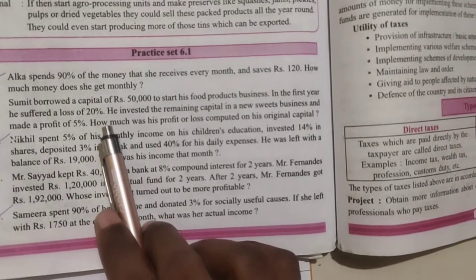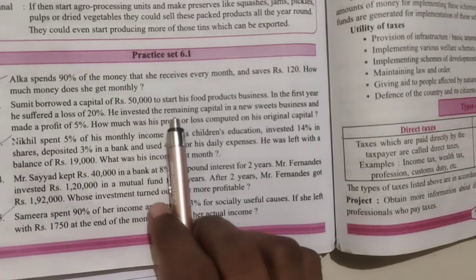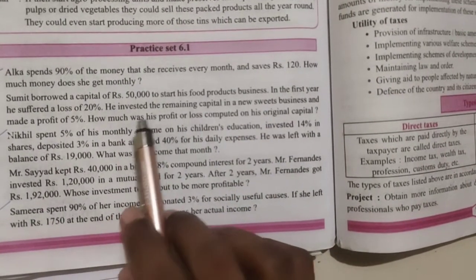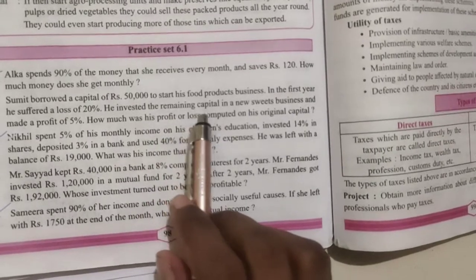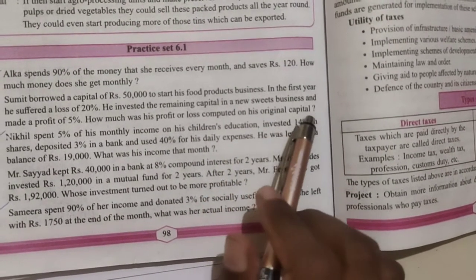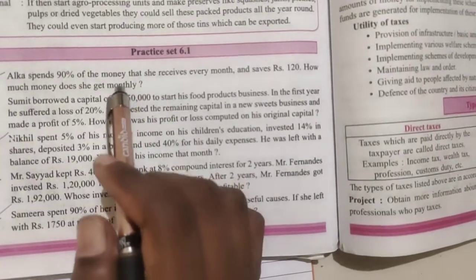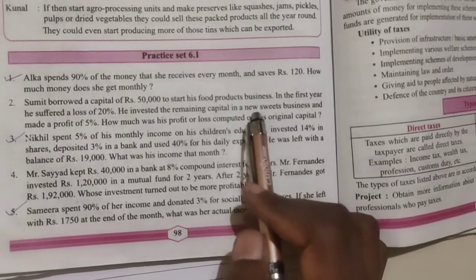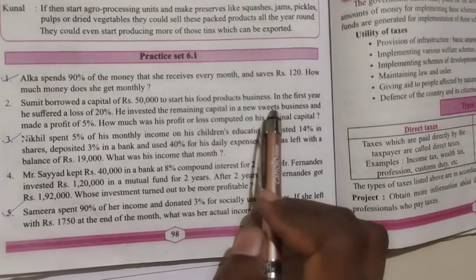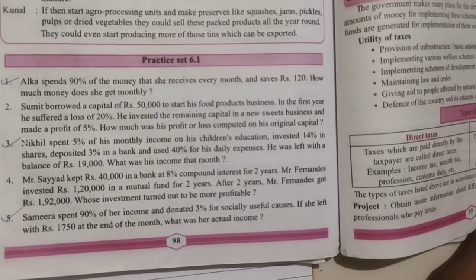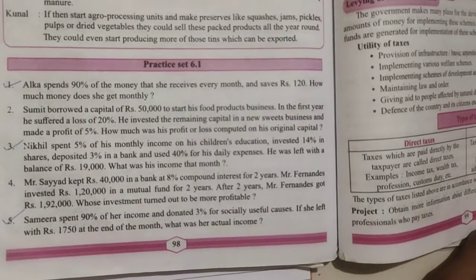Now we need to find out how much was his profit or loss computed on his original capital. Means at the start he had 50,000 and at the end what amount is remaining. If you know that, then you can easily compare those amounts and identify whether he suffered a profit or loss.